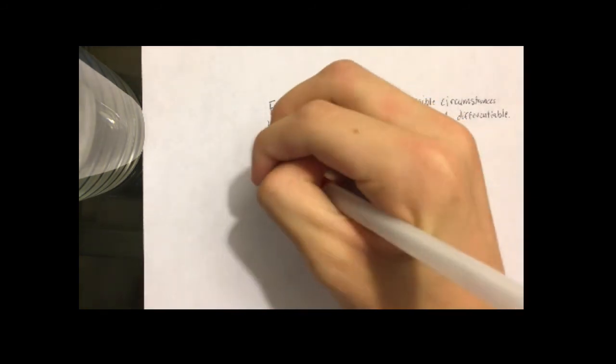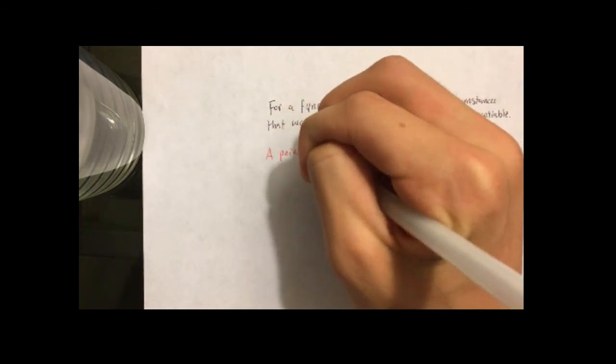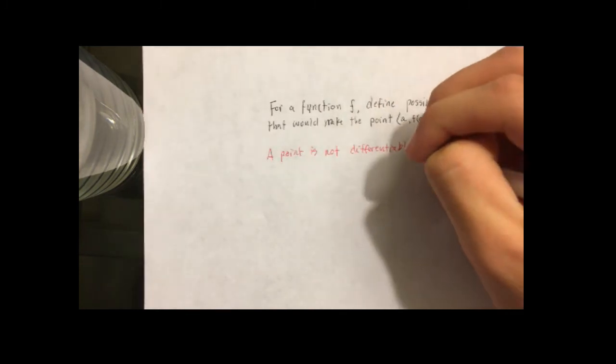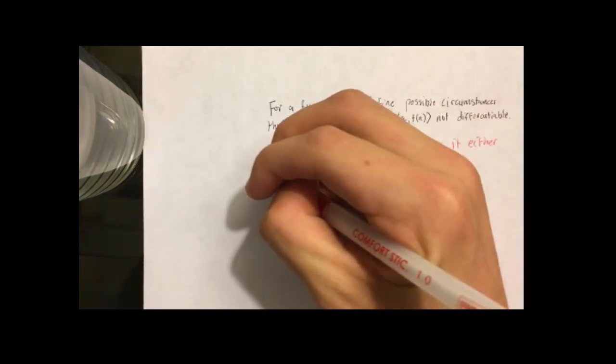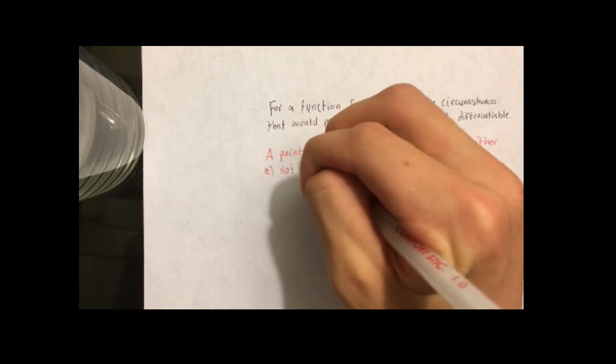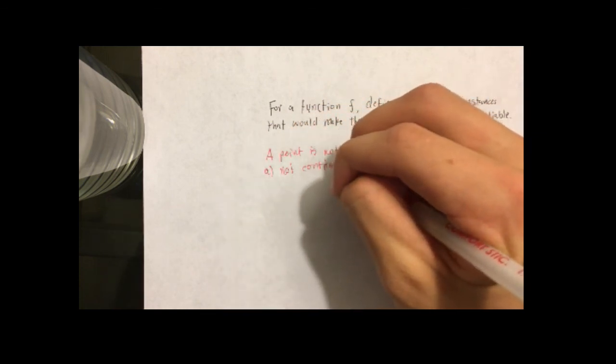Alright, so the final task is asking us to formally define when a point is not differentiable. And using all I've discovered, we can conclude that a point is not differentiable when it is either A, not continuous, which can be verified with the 3 rules of continuity, which we discussed earlier in the video, if you'd like to scroll back and find those.